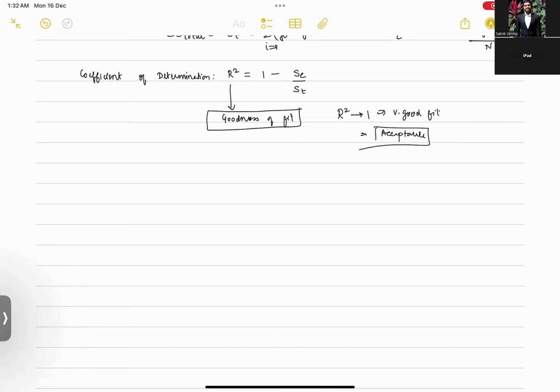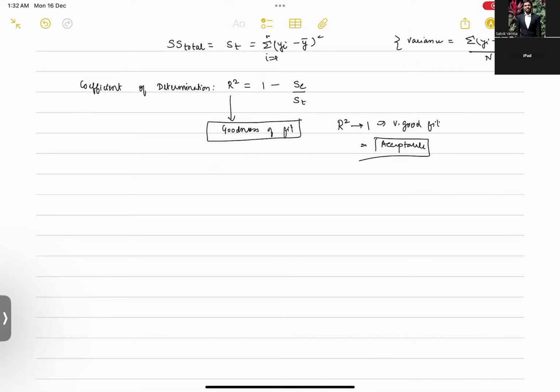So we'll see later on that r square may not be the best parameter to evaluate which model is the best, but definitely it is a good start. And in most of the cases, at least the examples that we'll be discussing, R square is a good enough indicator to ensure that we are using a correct model and the predictions we will be getting from this would be very reliable. All right.